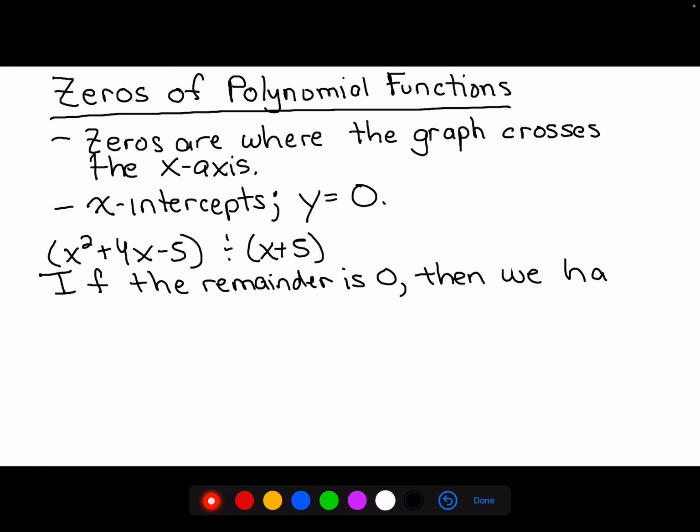And we have a 0 of the function f of x. Okay, in this case, f of x being x squared plus 4x minus 5.